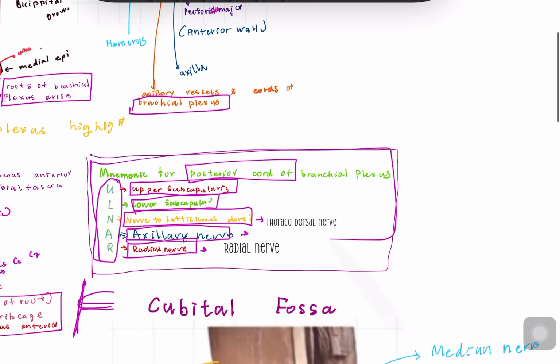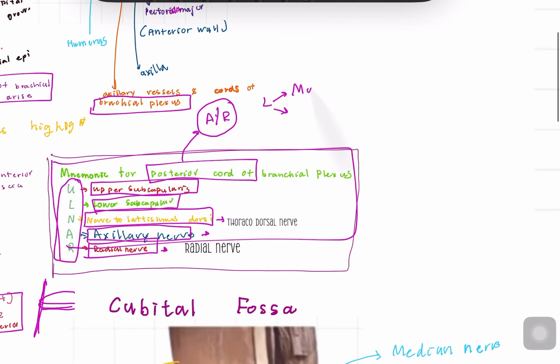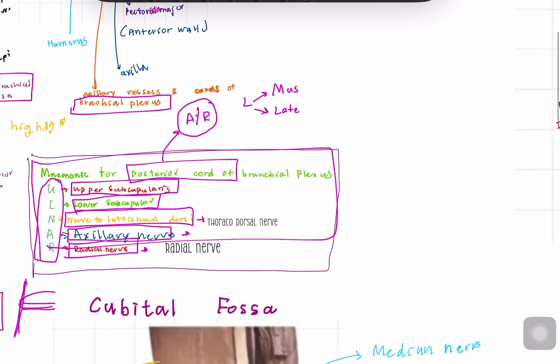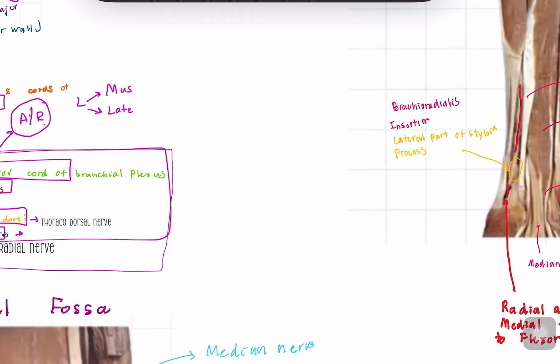So the posterior one gives rise to axillary and radial. Lateral one gives rise to musculocutaneous and lateral root of the median nerve, while the medial cord gives the medial root of the median nerve and then the ulnar nerve.